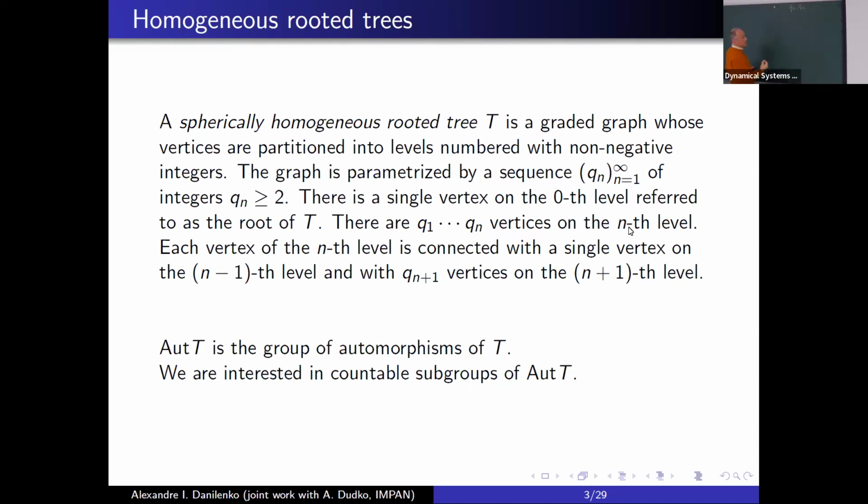It's a graded graph. On level 0, we have one root. On the first level, we have q1 vertices. On the next step, we have q1 q2 vertices.